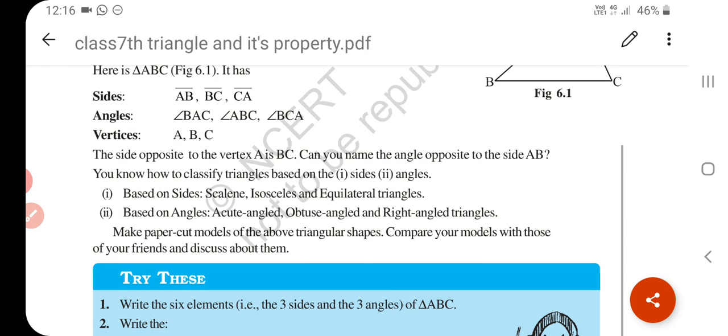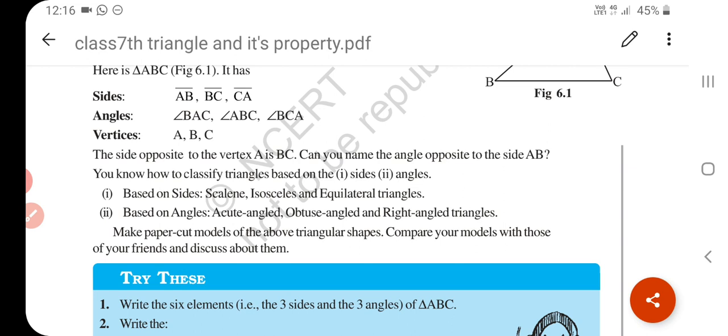Okay, a triangle having one angle at a right angle is called a right angle triangle. Okay, a triangle having one of its angles more than 90 degrees is called an obtuse angle triangle.